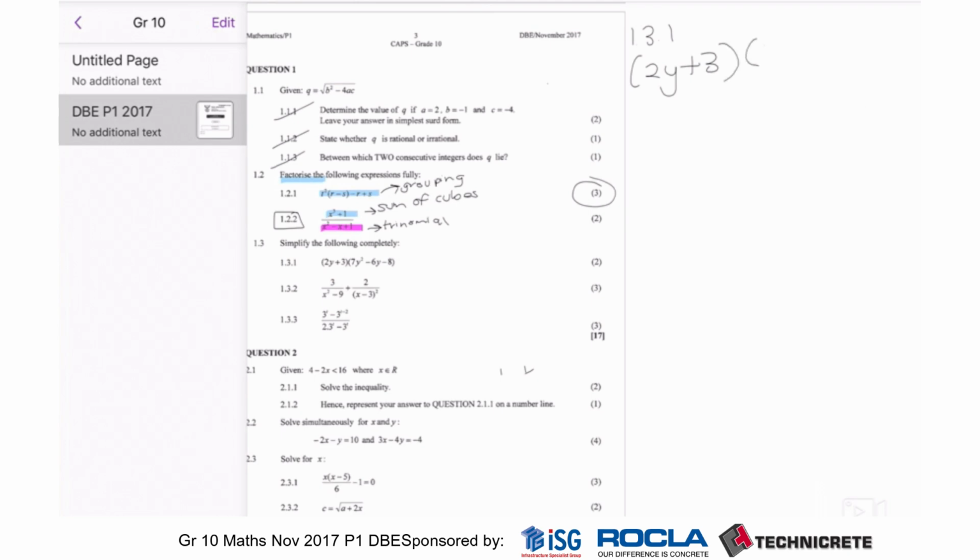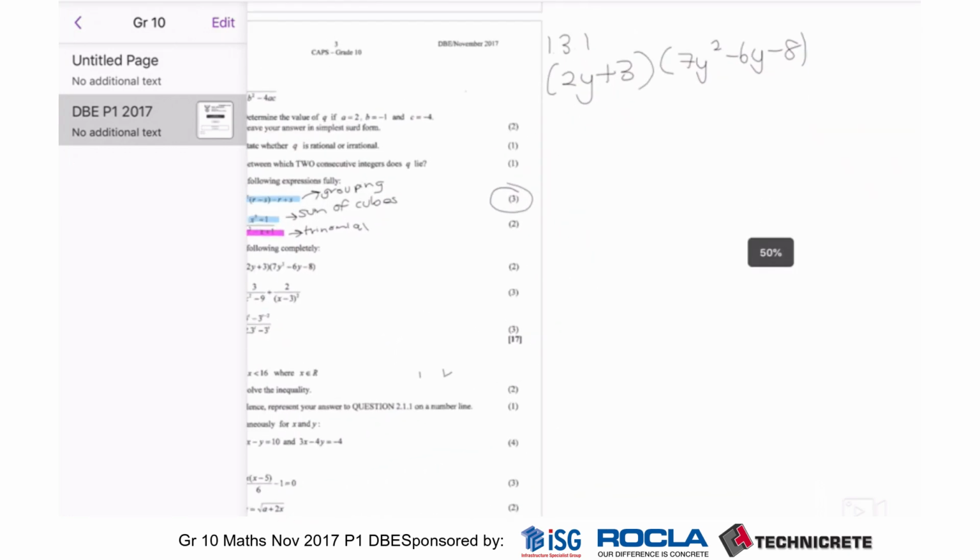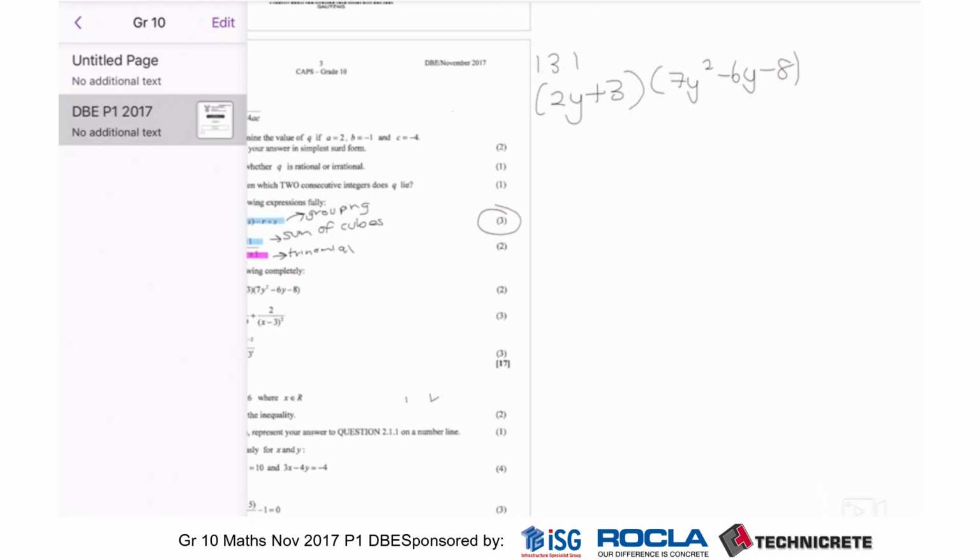2y plus 3, 7y squared minus 6y minus 8, and you need to distribute. So I'm going to use two different colors. We're going to distribute the 2y first, and then we're going to distribute the 3. So distributing the 2y is going to times by the 7, by the 6, and by the 8.